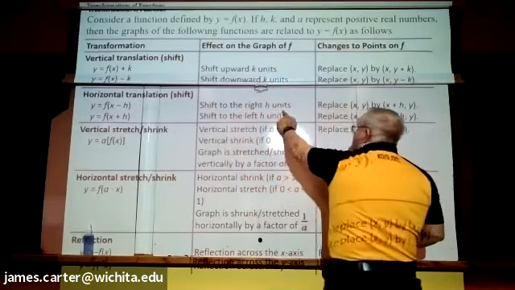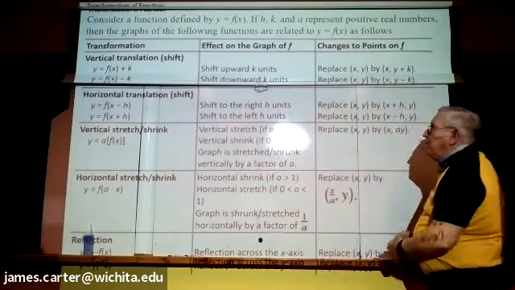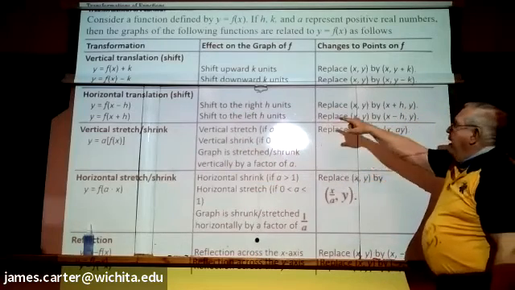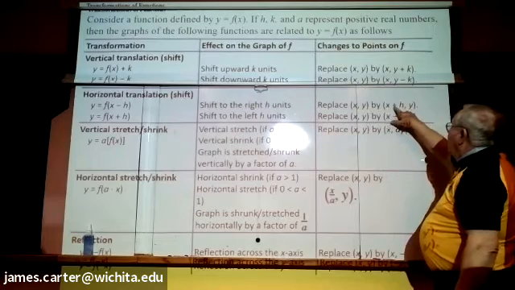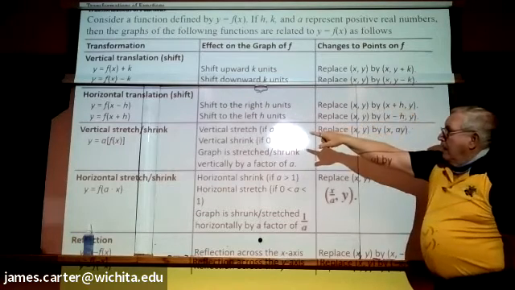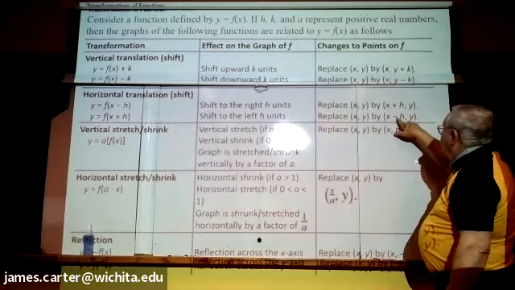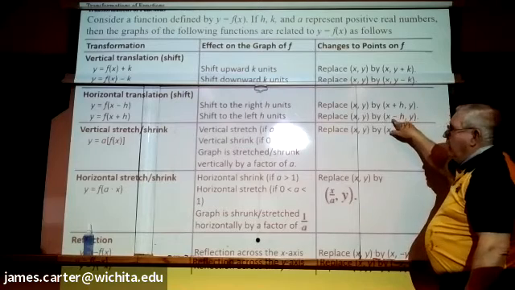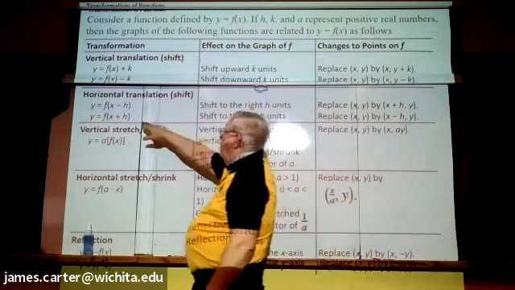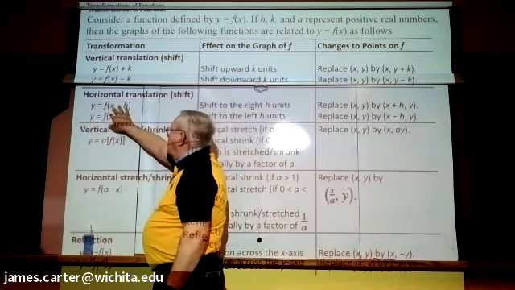Now, the shift left or right is opposite of sign. If you look, x minus 8 moves it to the right. x plus h moves it to the left. Always opposite of sign when your add-on is contained with the variable.